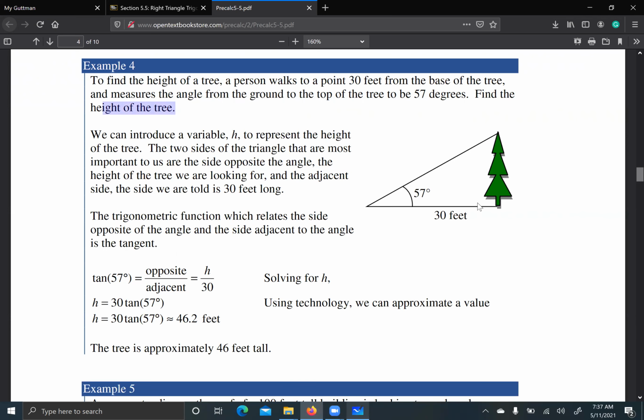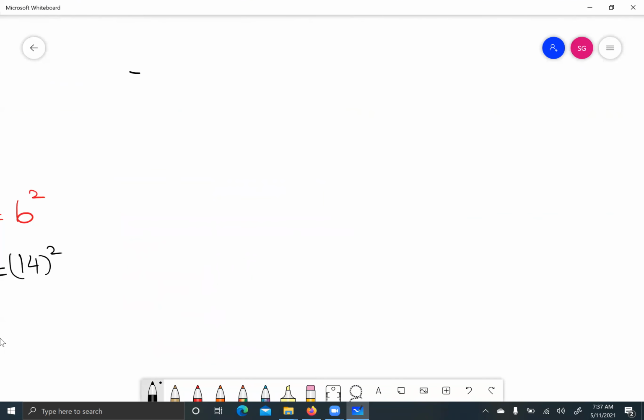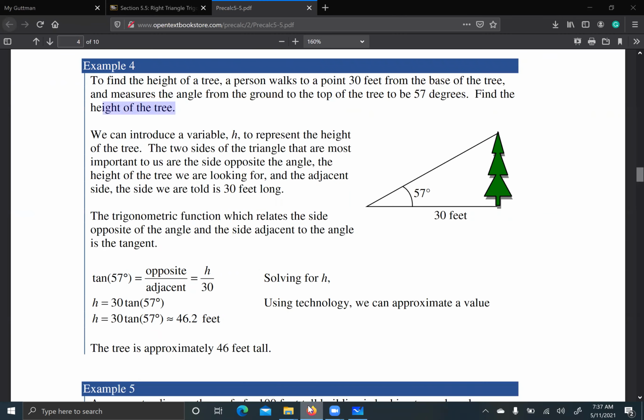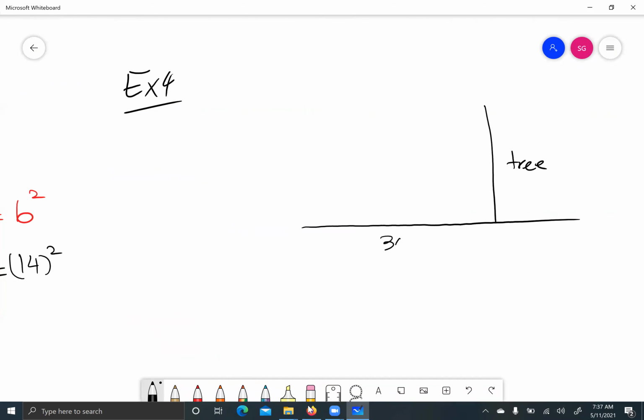Okay, so you have the picture here, but I'm also going to draw it here. Suppose this is the tree, and this is the ground. The person stands 30 feet away from the tree, right here.